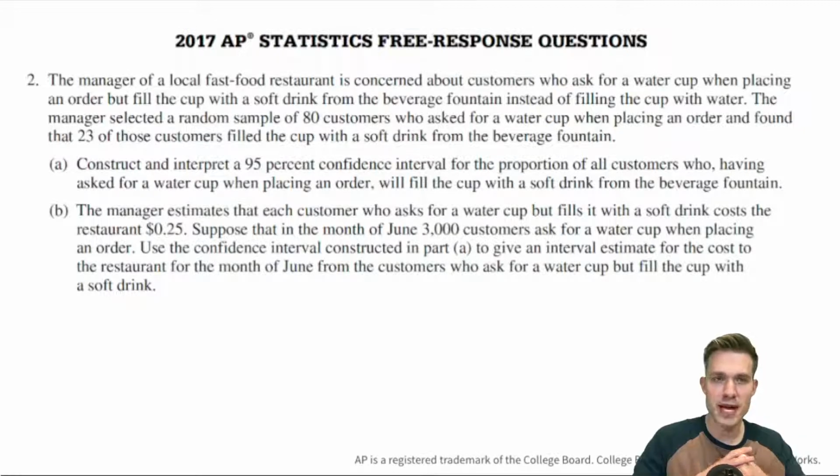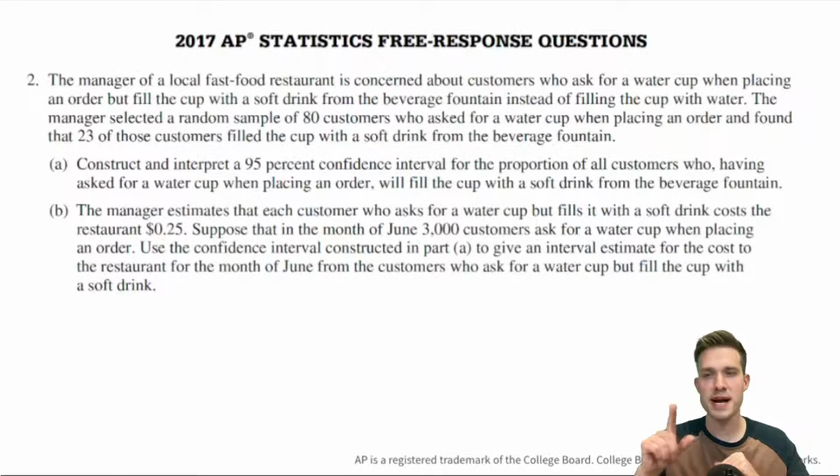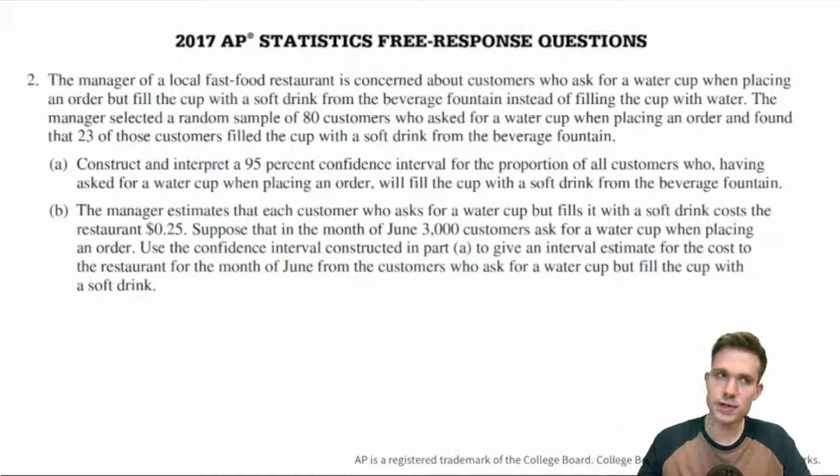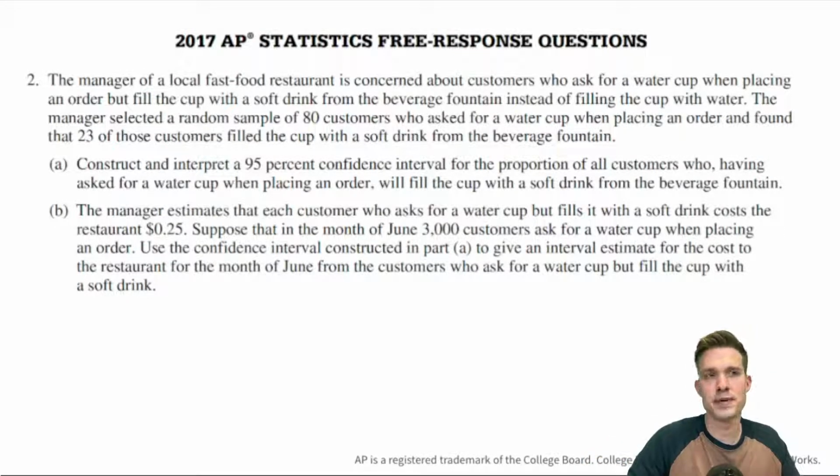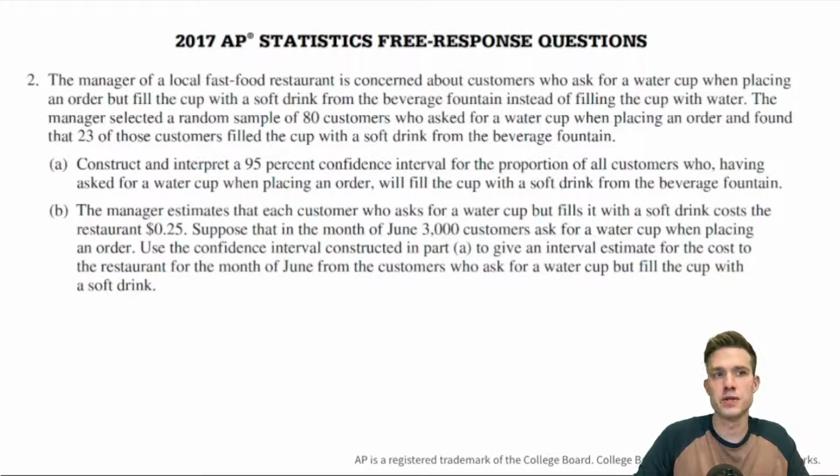The manager has selected a random sample of 80 customers who asked for a water cup when placing an order and found that of those 80, 23 filled their cup with soda, a soft drink from the beverage fountain. We want to construct and interpret a 95% confidence interval for the proportion of all customers who, having asked for a water cup when placing an order, would fill the cup with a soft drink from the beverage fountain.